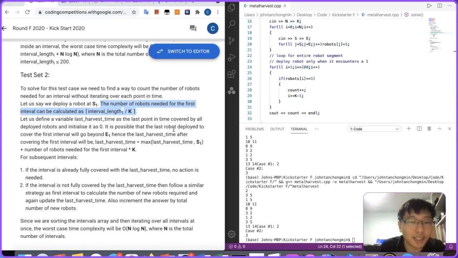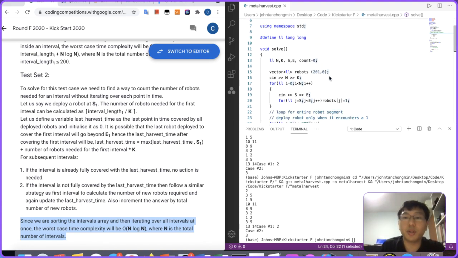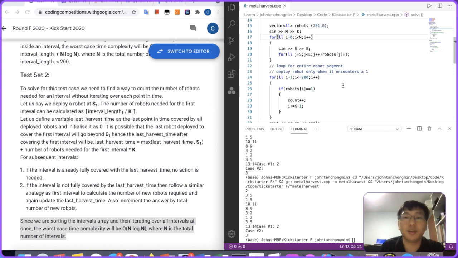So it is possible that last robot deployed will go beyond E1. Yeah, so instead of iterating over the robots like that, we iterate over a robot interval array.